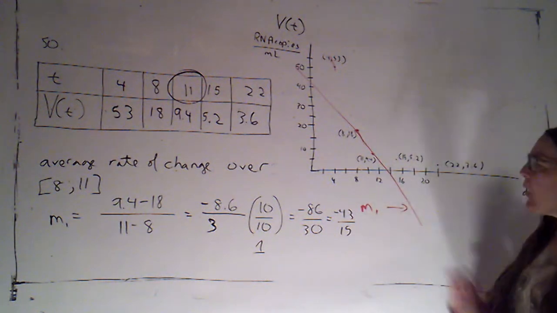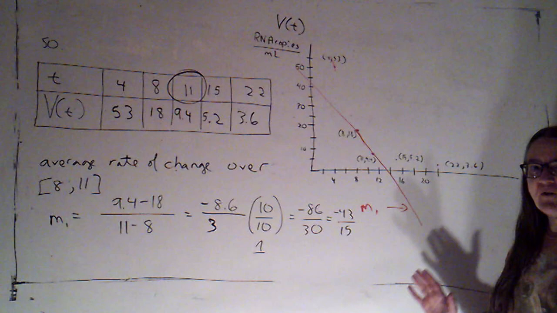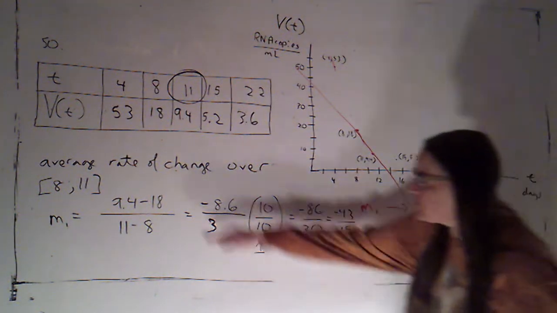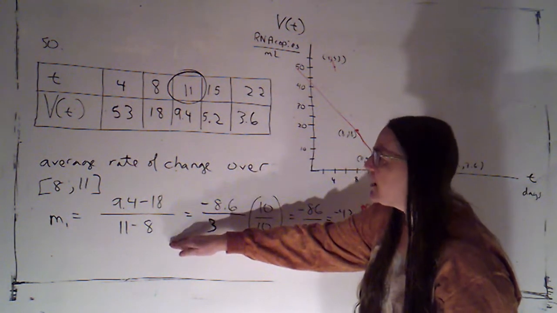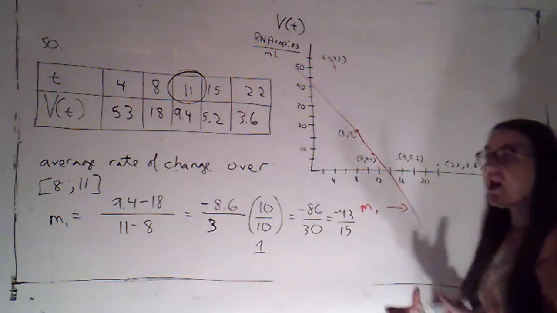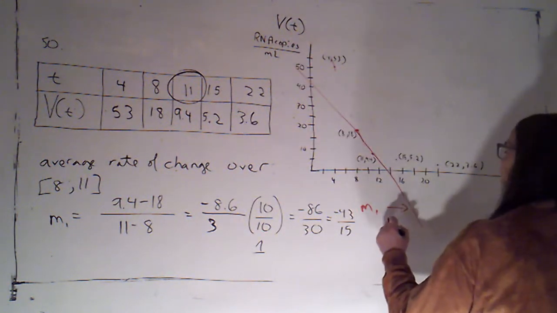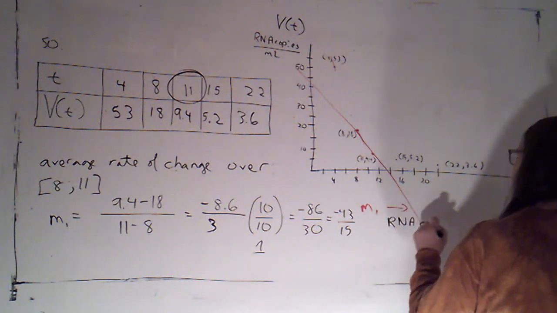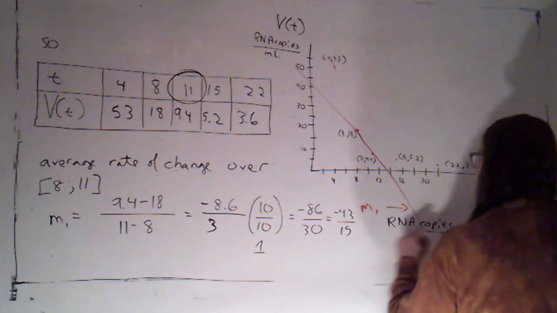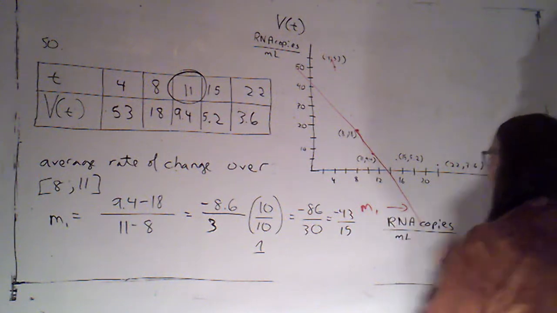Now, what are the units for that? Because that's a rate of change. Now, I got this as just rise over run. The rise was the change in the viral load. So that was RNA copies per milliliter.